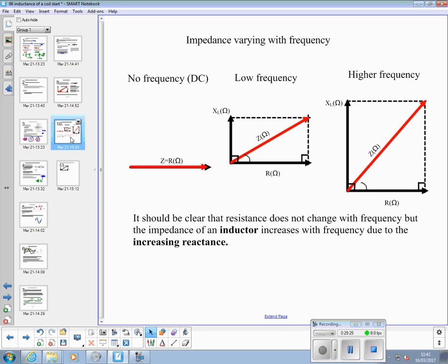So, this is what happens in regards to impedance changing with frequency. If we have no frequency, i.e. DC, left-hand diagram, there is no reactance, R and Z are in line with each other, the Z and R are equal to each other.